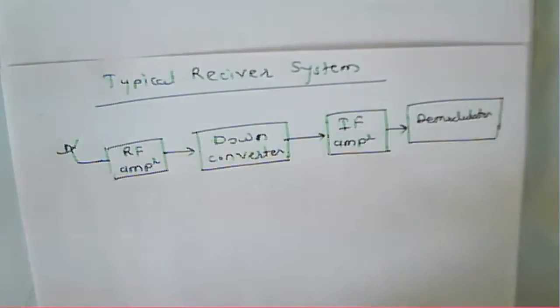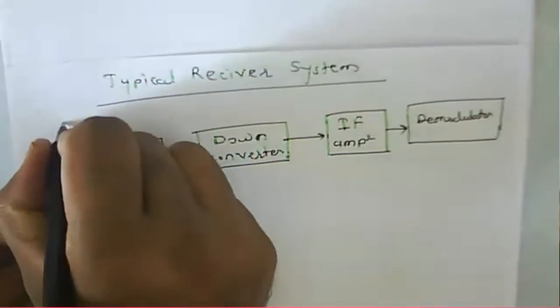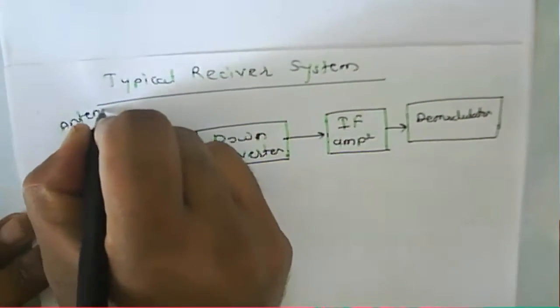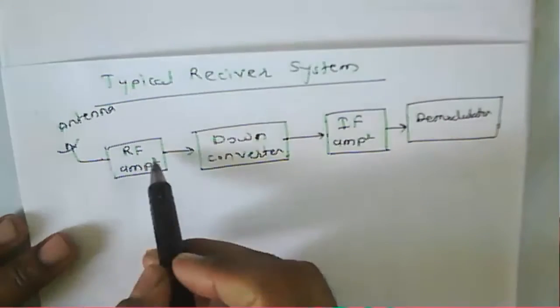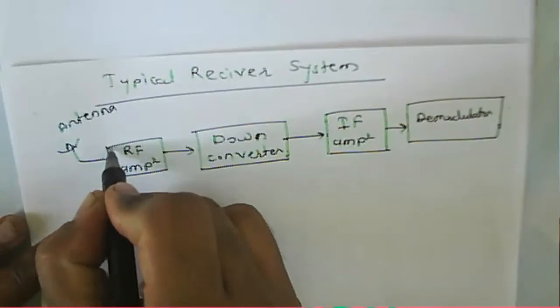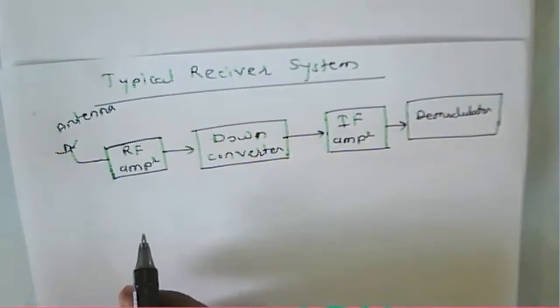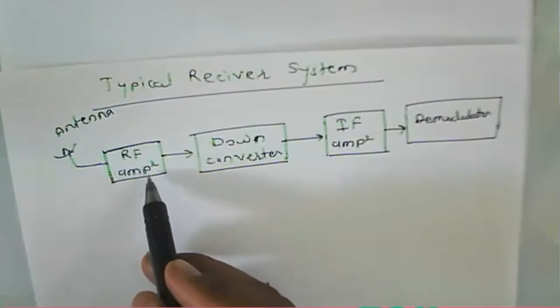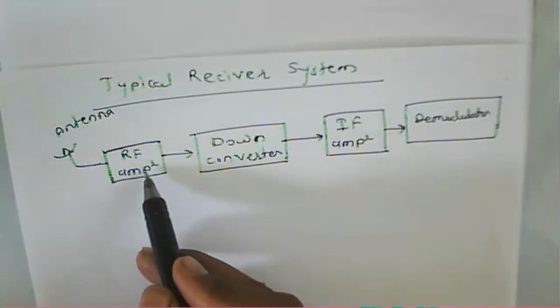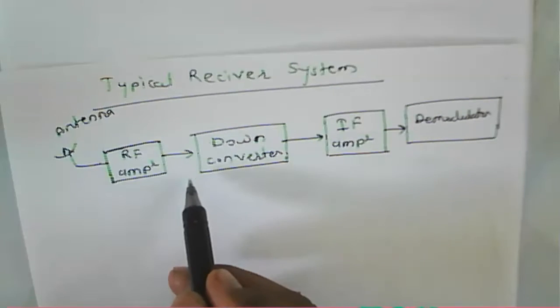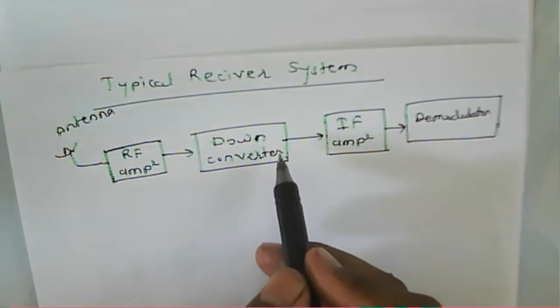The basic flow is that the signal is received from the antenna, then it reaches the RF amplifier. Whichever noise is present gets amplified here. Then the same noise is further processed at the down converter.